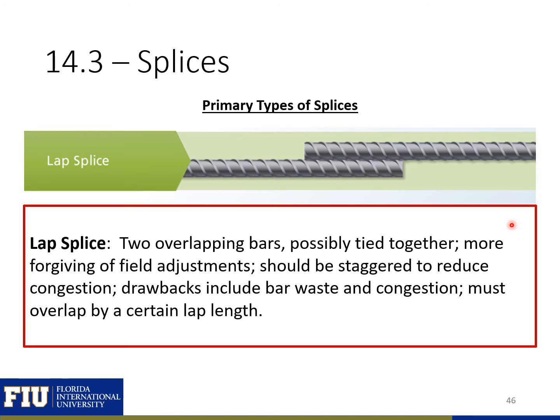If you have all your lap splices in one region, you can see twice the number of bars, which can really congest a part of your column. Some drawbacks to these include bar waste, because you have all this extra bar on each side, and congestion, because you need to extend each bar a certain length.